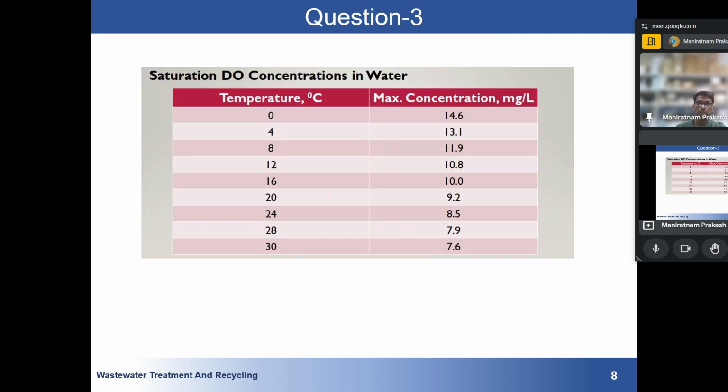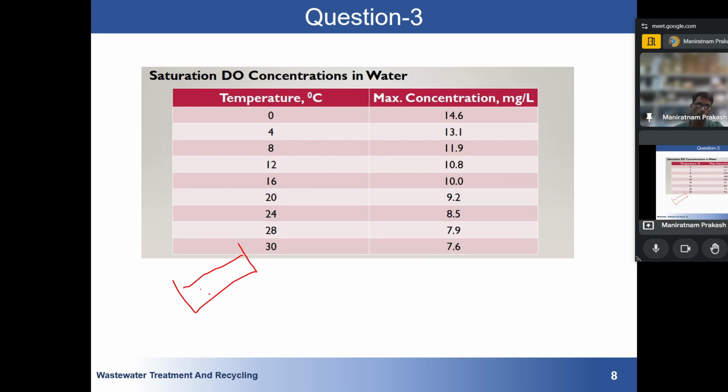Okay. So we can see that with time, there is one mathematical expression. I'm not going into that mathematical expression, but remember, suppose we have a gas and we have water.